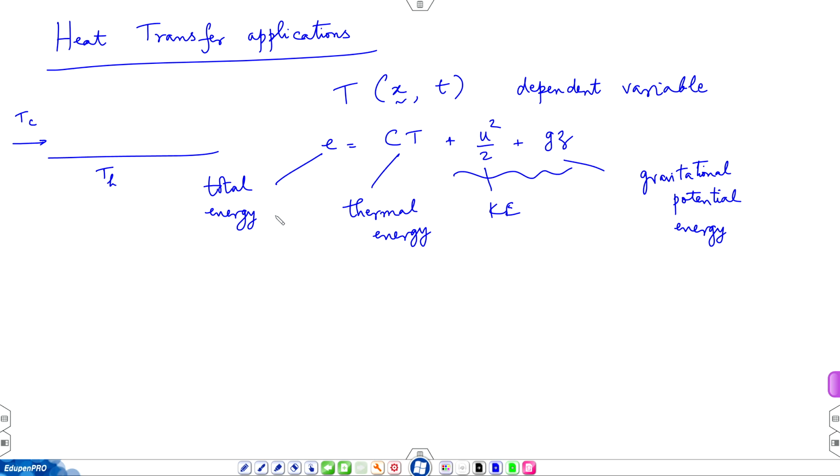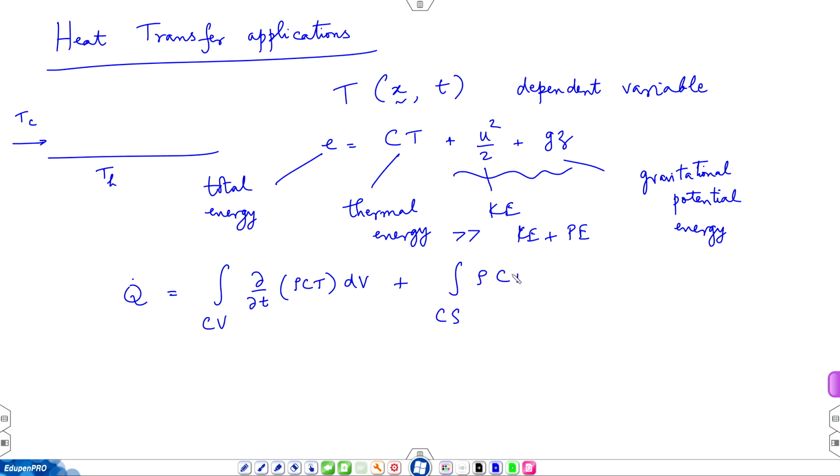So, if thermal energy is much greater than K E plus P E, then it is sufficient to retain C times T, and then the energy equation becomes Q dot equal to integral over C V. Okay, I have put E equal to C T and I have set W s equal to 0.